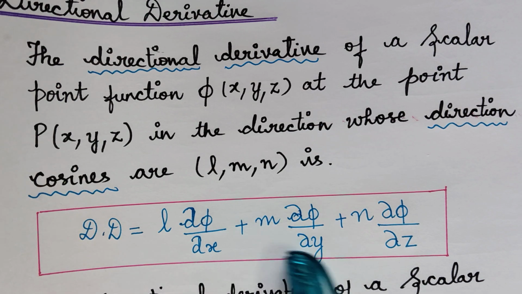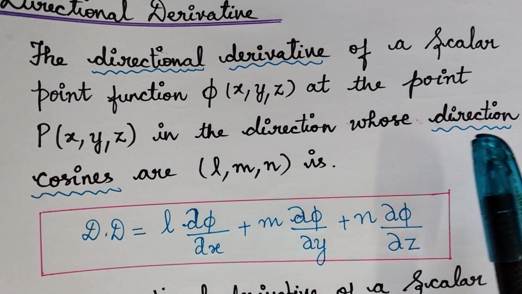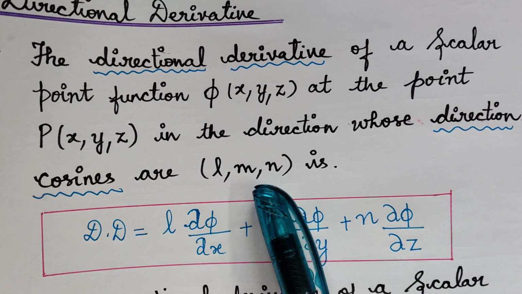So this is the formula for the directional derivative when the direction cosines are given.